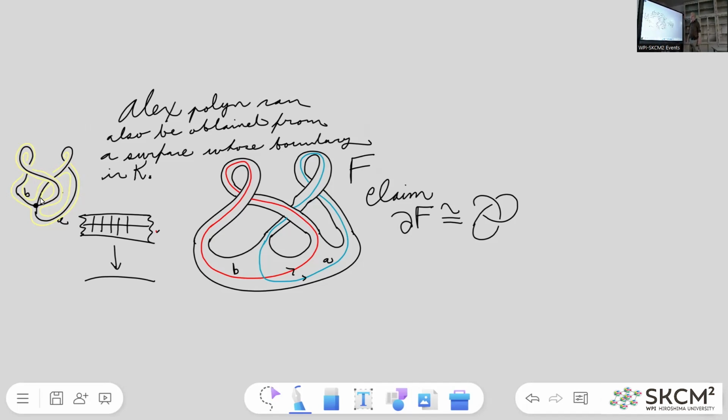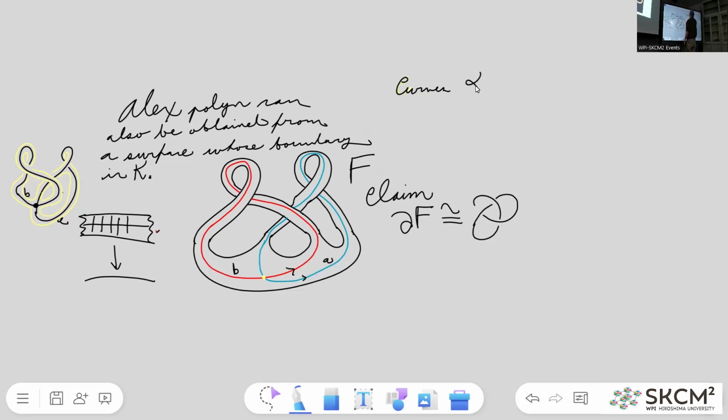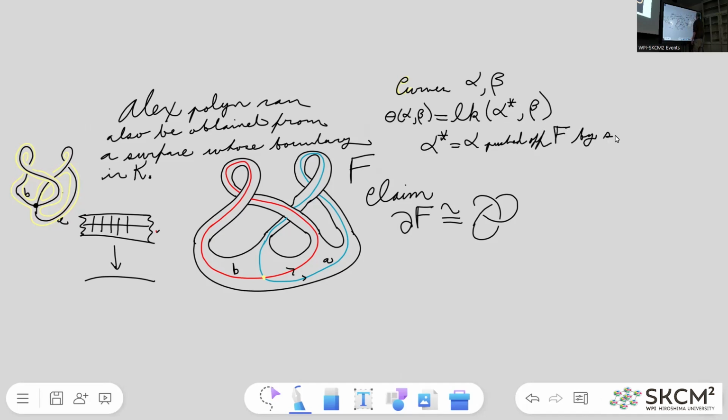And you take such a fundamental system of curves, and then what you do is you look at any two curves, alpha and beta, and define theta of alpha beta to be the linking number of alpha star beta, where alpha star is equal to alpha pushed off the surface by a small amount in the positive normal direction.